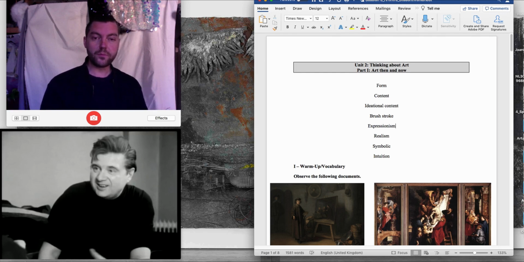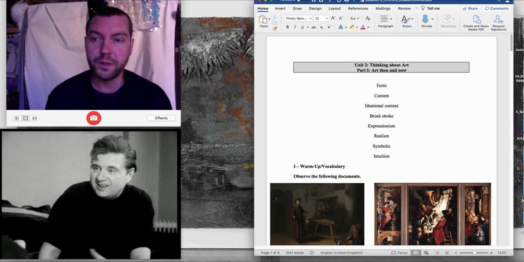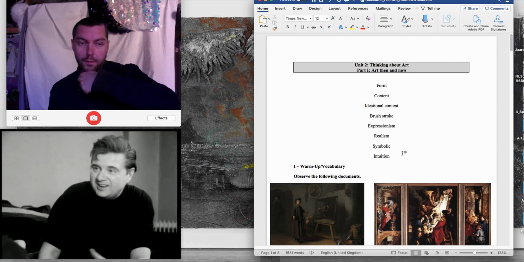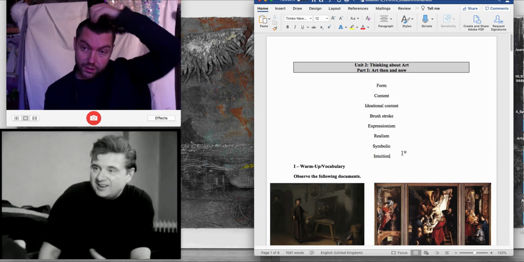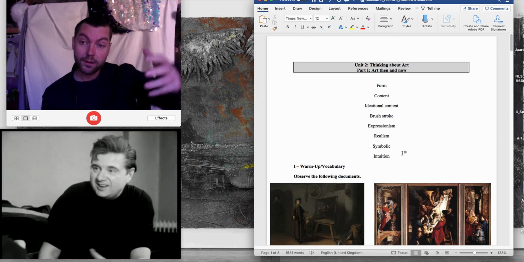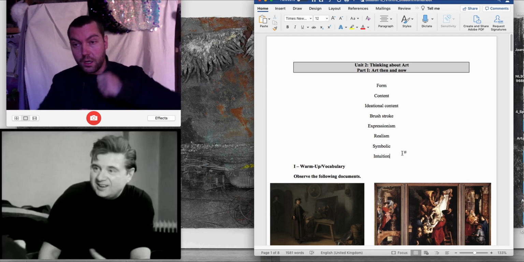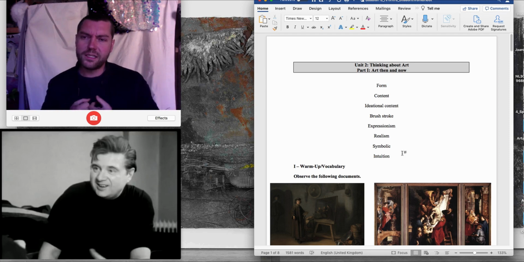So expressionism would be maybe more related to intuition. So the painter who makes marks or brushstrokes on the paper or on the canvas, la toile, expressively, without necessarily trying to figure someone or trying to produce a shape that is pre-thought.